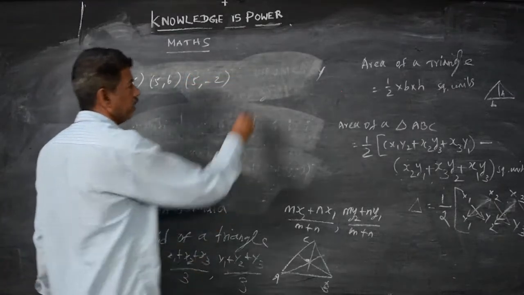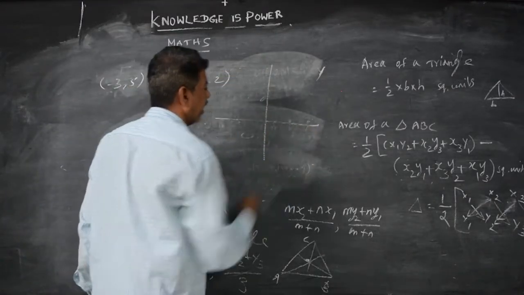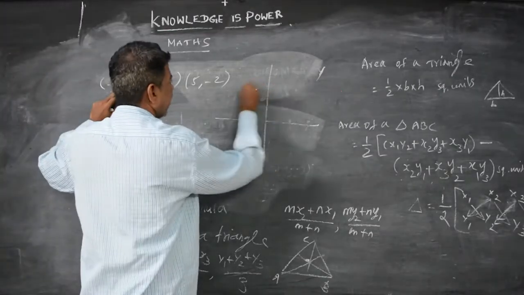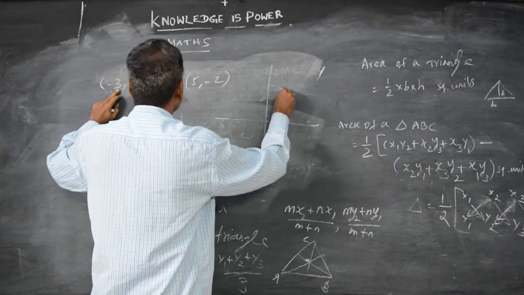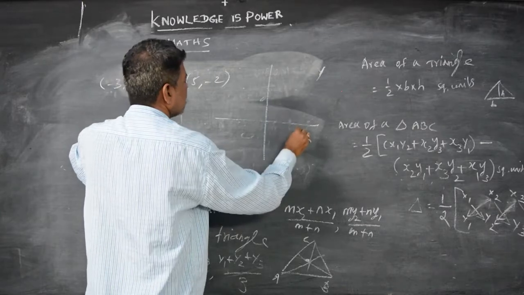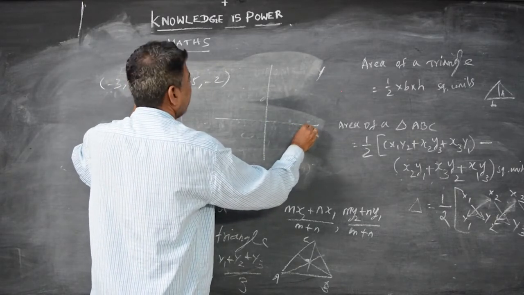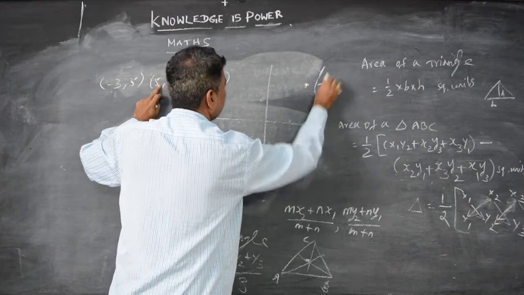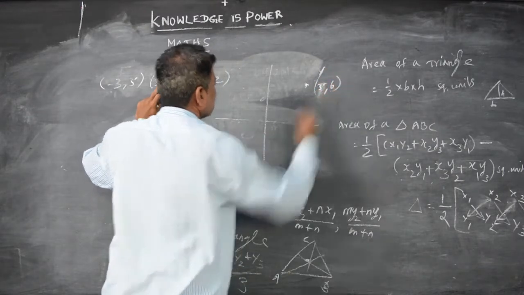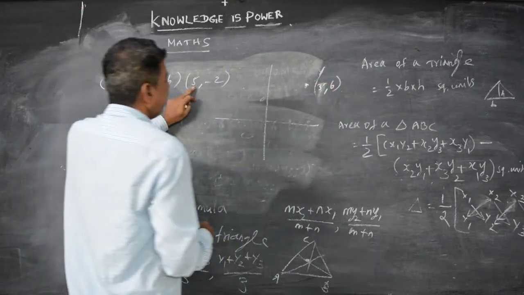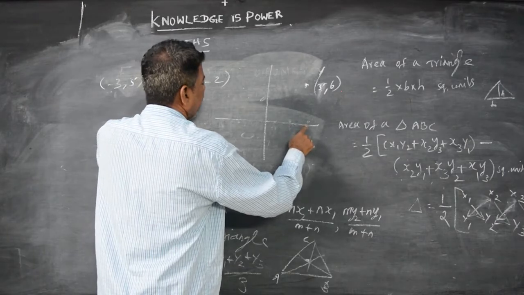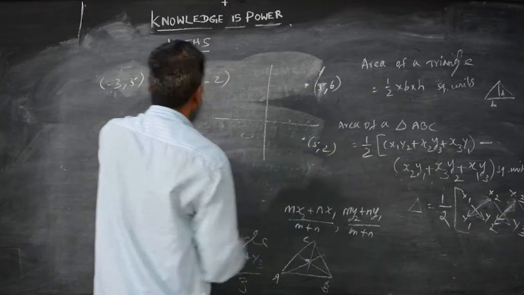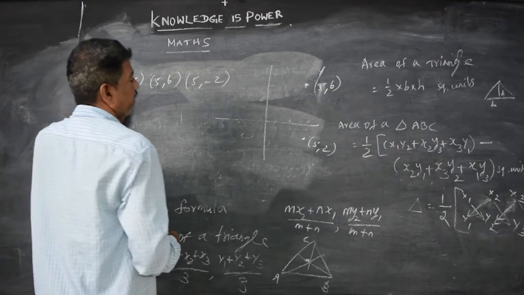Three points are given and you have to plot the graph. We already know the first, second, third and fourth quadrants. 5 comma 6: x axis 5, y axis 6, here it will be. Next, 5 comma minus 2 will come here. And here minus 3 comma 5: the x axis will be minus and the y axis will be positive.